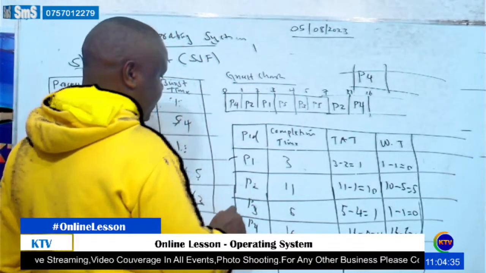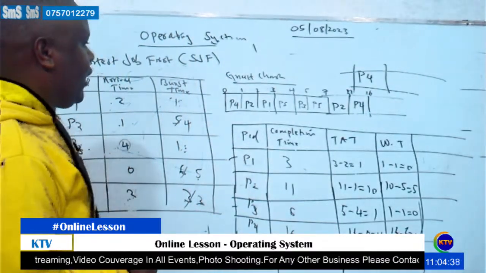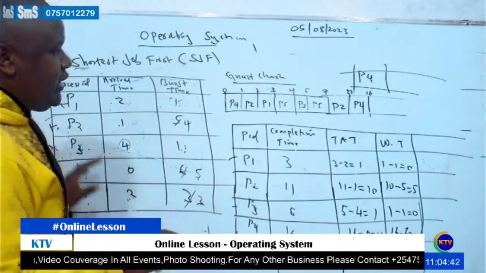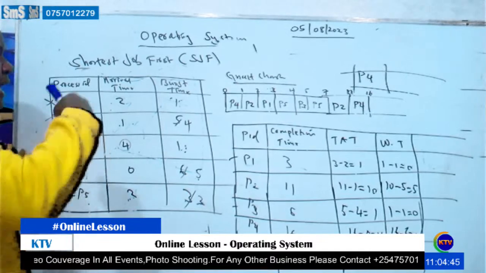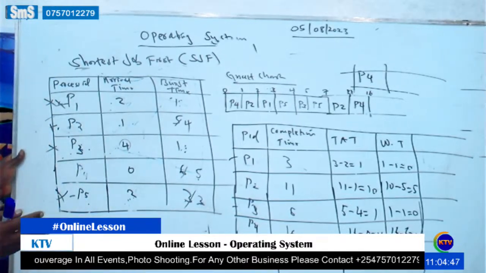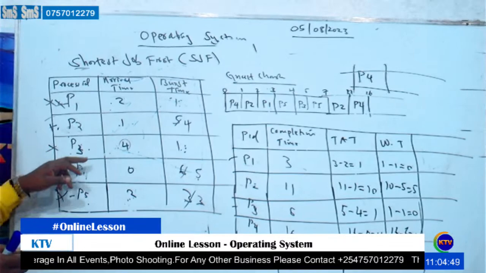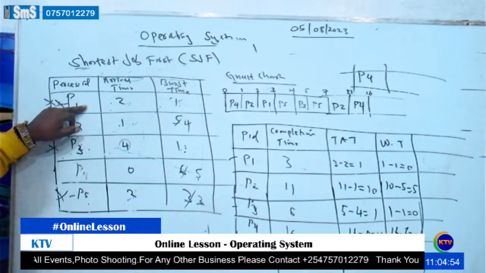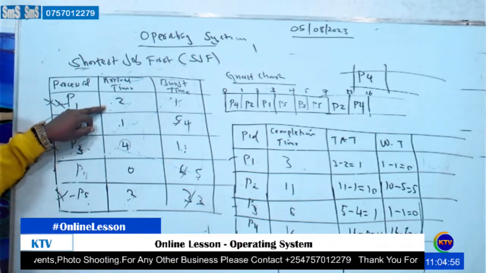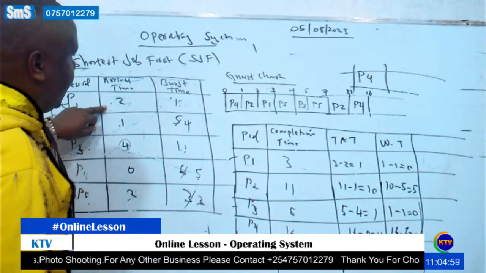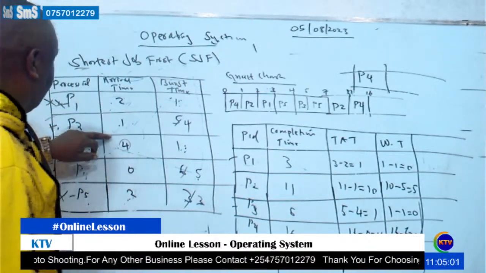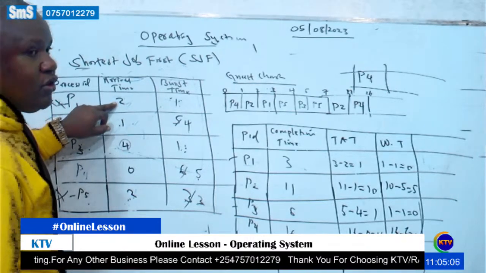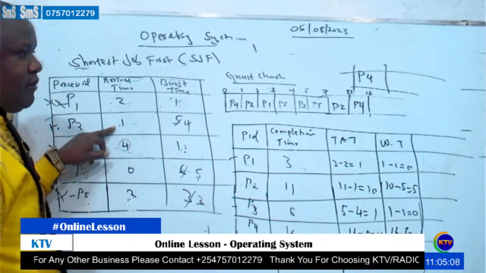So looking at the waiting time, it means process 1 and process 3 were allowed in without waiting. When the waiting time is 0, it means once they arrived, they were allowed in. Let's look at this chart. When process 1 arrived, process 2 was already running, but it was preempted and process 1 was allowed, so there was no waiting time.